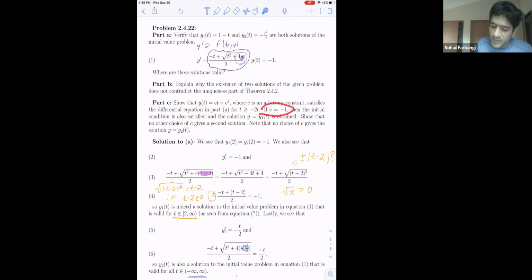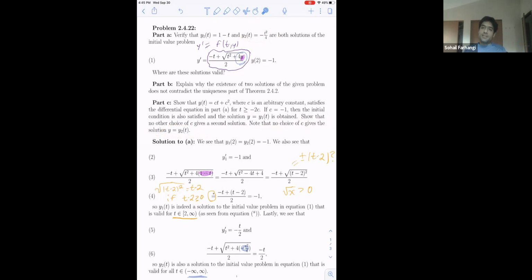And then if c equals negative 1, the initial condition, y of 2 equals negative 1, is also satisfied, and we get the solution y1 that we already discussed. And lastly, that no other choice of c is going to give us a solution to the initial value problem. In particular, no other choice of c is going to give us y2, the other solution that we found.